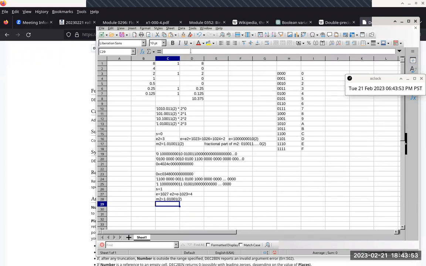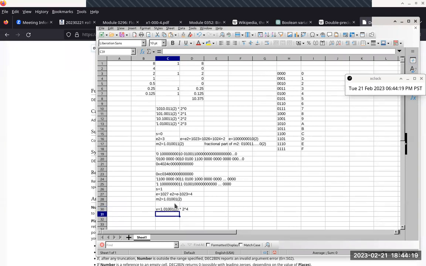Doing good? Okay. So now we can work out the math. The next thing to do is to figure out exactly what 1.01001 is. There are a few ways to do this, because the value that we are representing here is 1.01001 in base 2 times 2 to the power of 4.